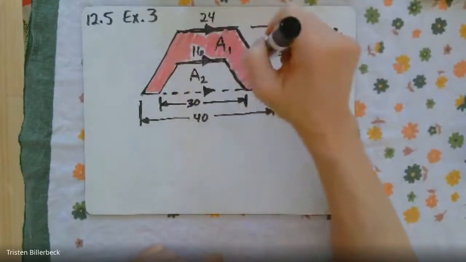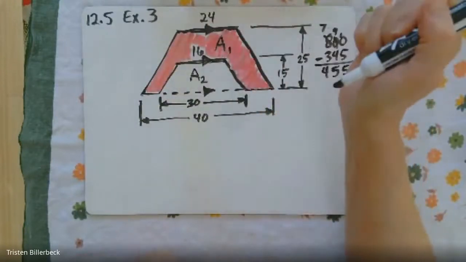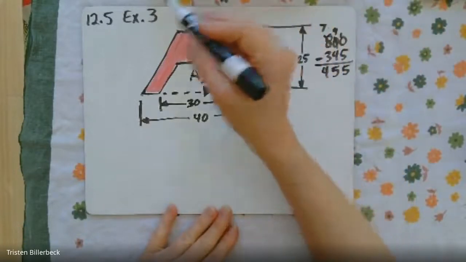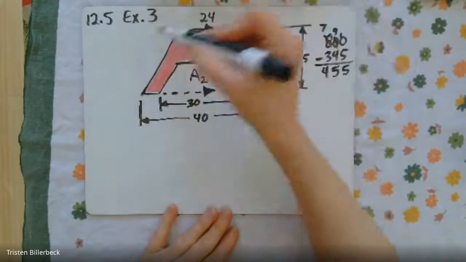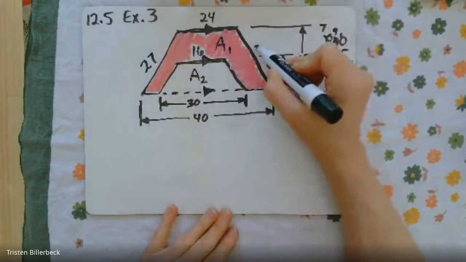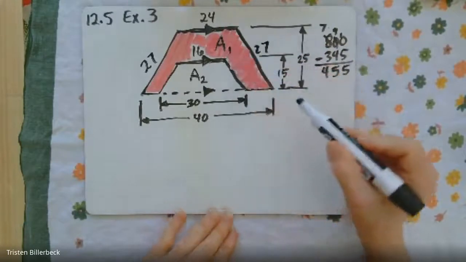So it looks like this side equals that side. We're going to assume that. So let's go with, this is about 27 and 27 over here.